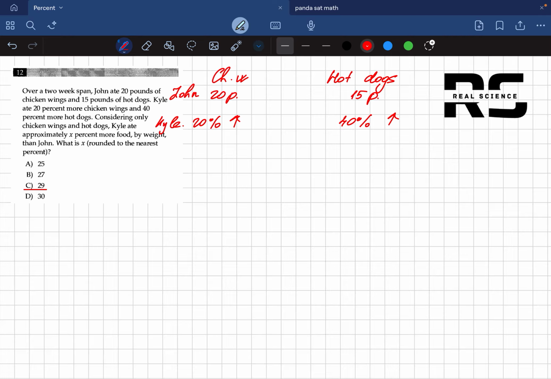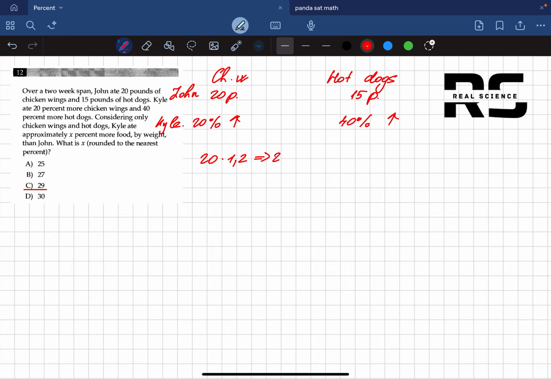Okay. Well, first of all, let's calculate. If John ate 20 pounds of chicken wings, Kyle ate 20% more, meaning that we need to multiply the 20 that John ate by 1.2. Why 1.2? Because initially John ate 100%, but because Kyle ate 20% more, Kyle ate 120% of what John ate. So that's going to be 1.2 times 20.